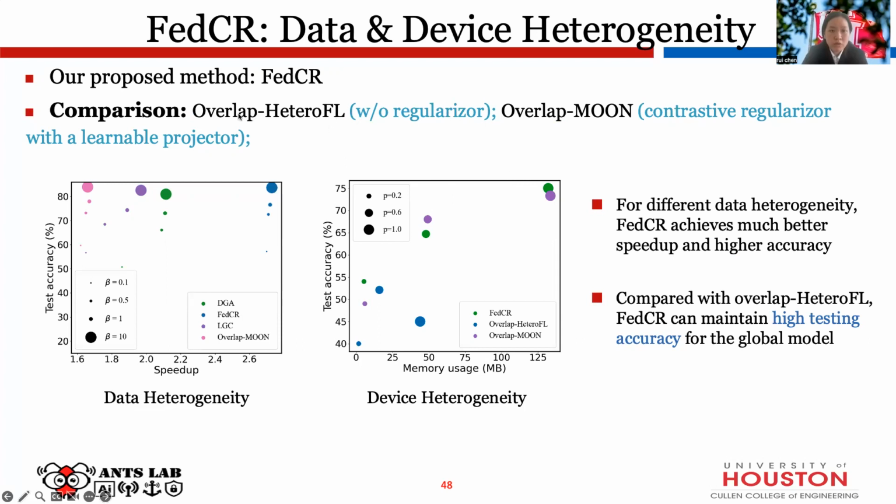So we slightly alter them into an overlapping scheme and also compare with the moon, which has trainable projectors. And here we further find that compared with HeteroFL, our proposed method can maintain high testing accuracy, especially on the global models where p equals 1.